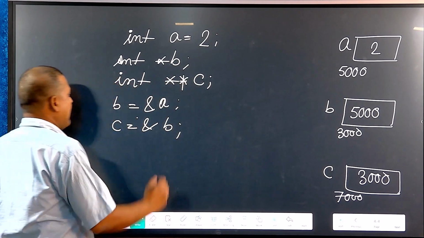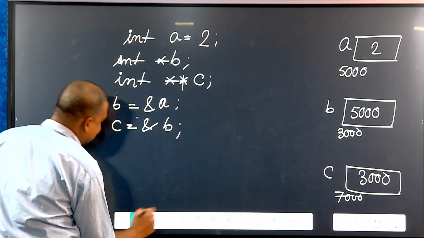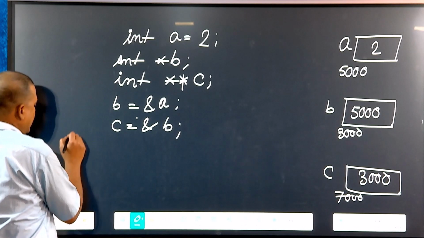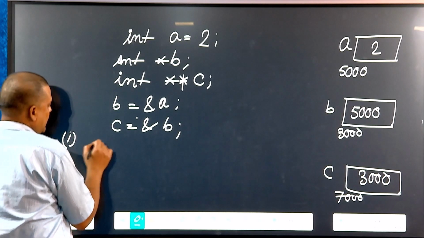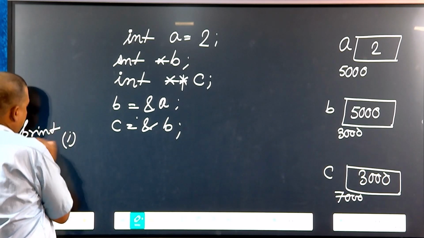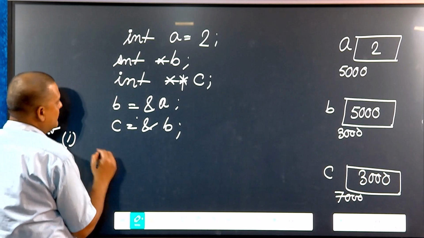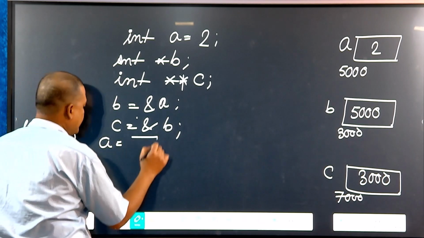Okay, now we are trying to print some values through these. We have already gone through two different examples. Now let us have a look. I am trying to print in question 1. If I try to print, if I write a, what will be the output?